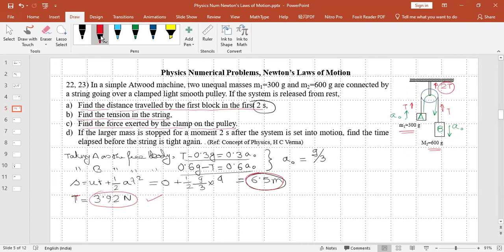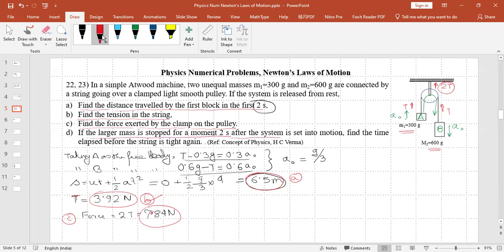So this is answer A, this is answer B, answer C is the force exerted, the other answer, 7.84.